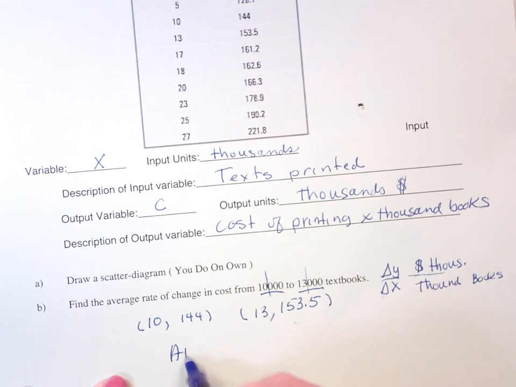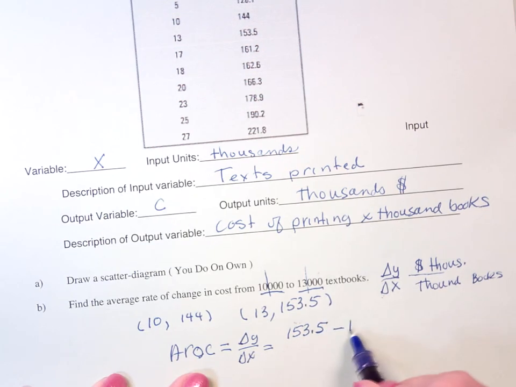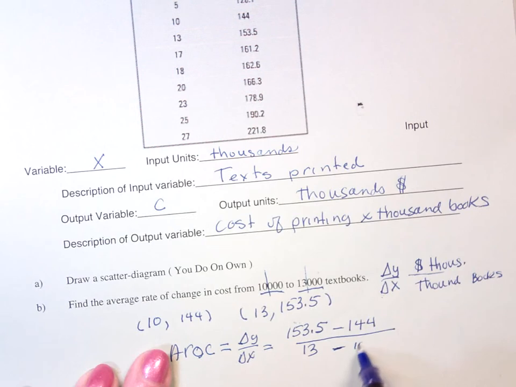So the AROC is just the slope of the line. It's change in y over change in x, which is y2 minus y1, 153.5, subtract 144, divided by 13 minus 10.